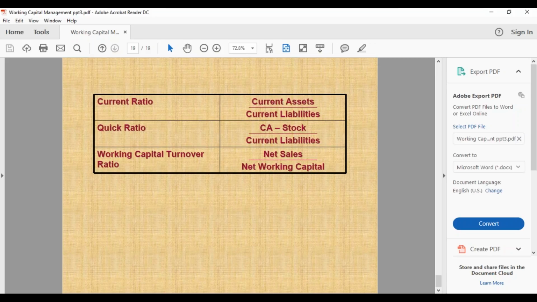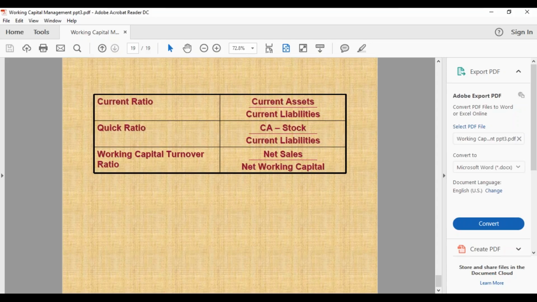See here, the statement of total cost. Here you have to give the raw material, direct labor, overhead, and total cost, and current assets and current liabilities: cash balance, raw material, work in progress, finished goods, debtors, total current assets, and current liabilities of creditor, direct labor, overhead, total current, and net working capital.